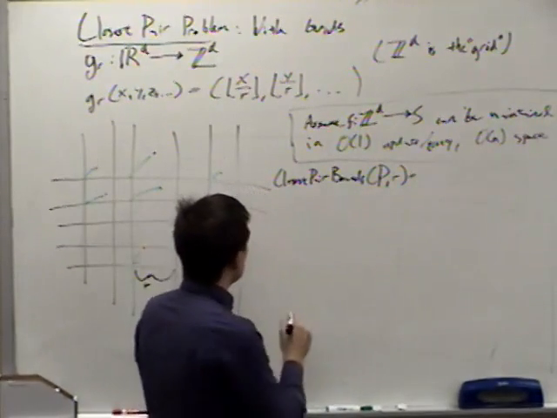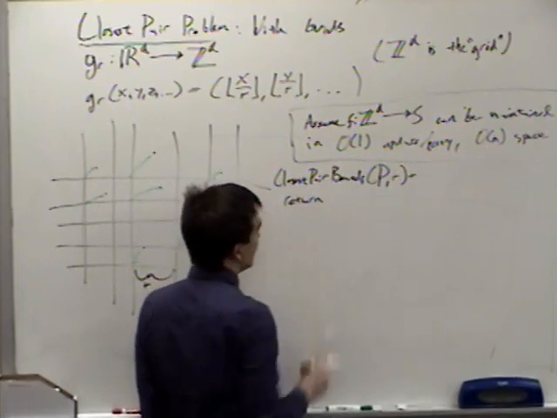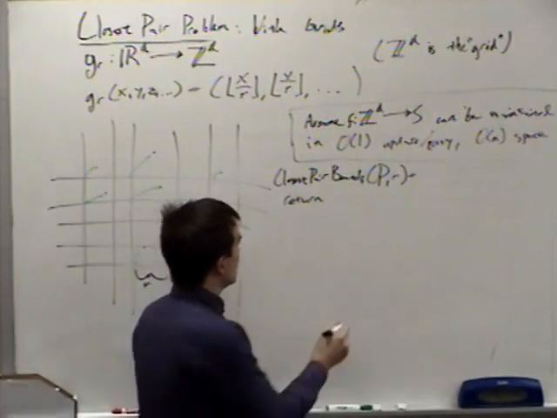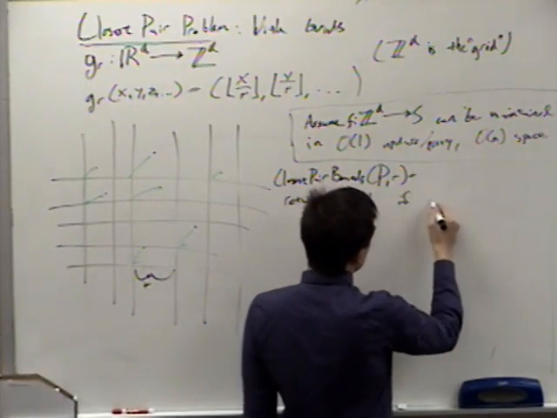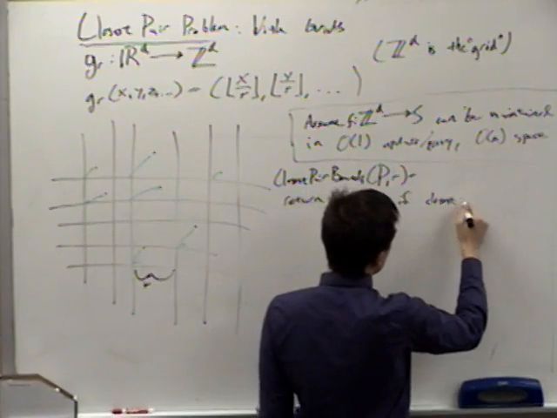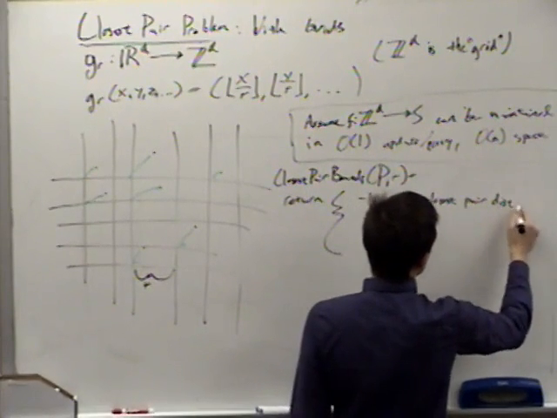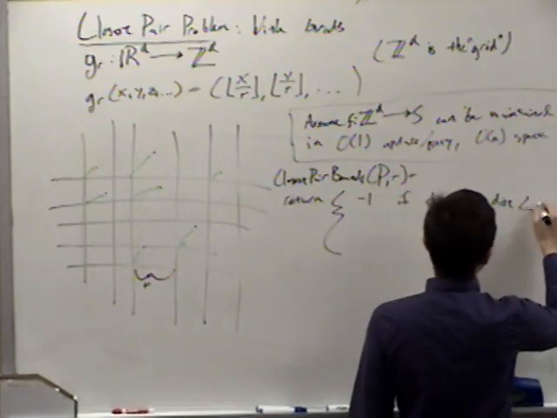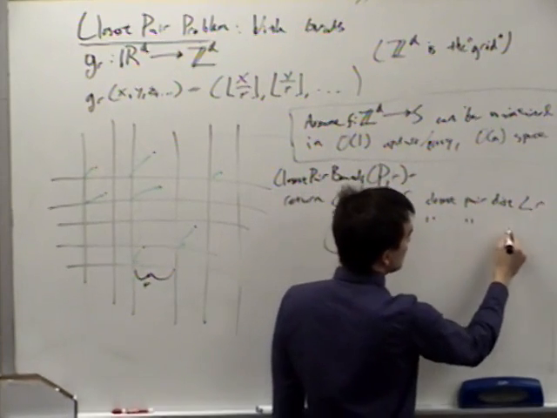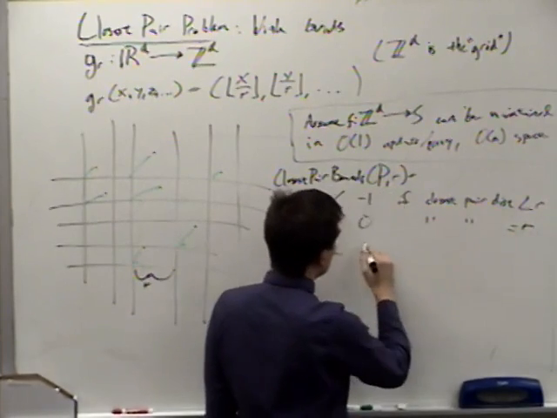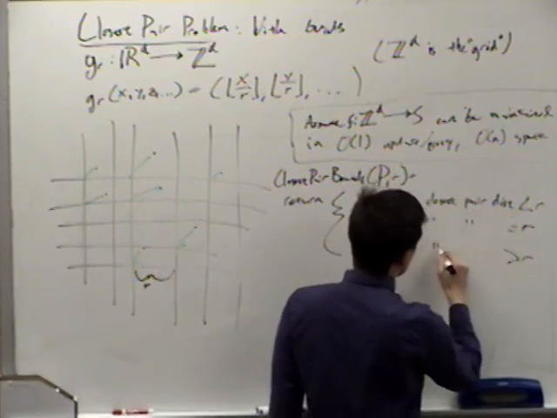And this will return one of 3 possible values. It will return -1 if the closest pair distance is less than r. It'll return 0 if this is equal to r. And it'll return +1 if it's greater than r.